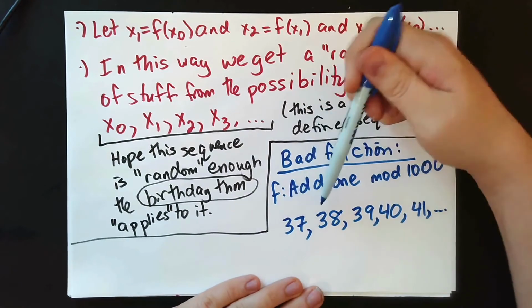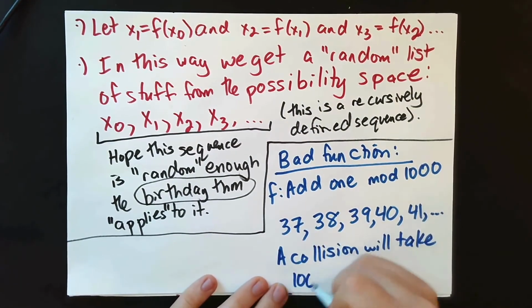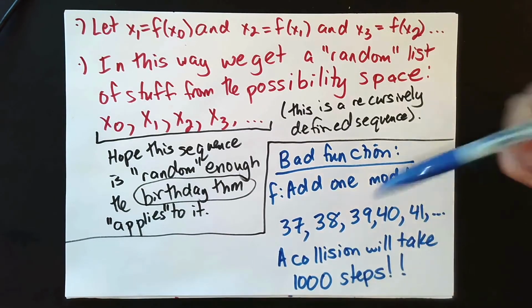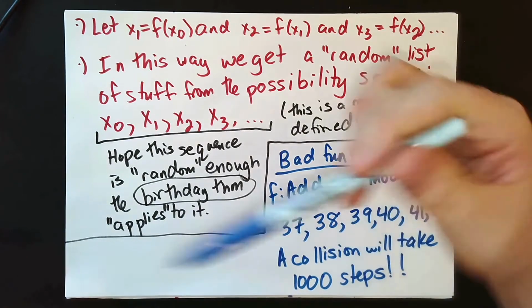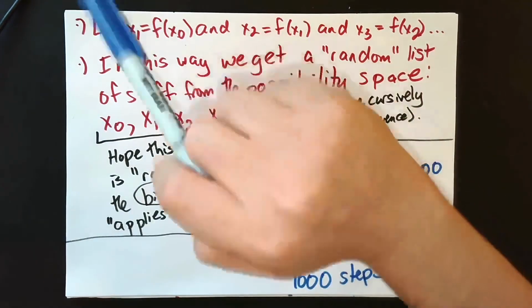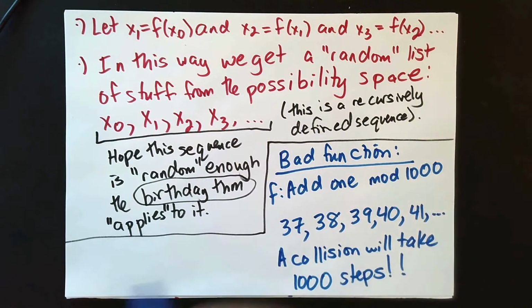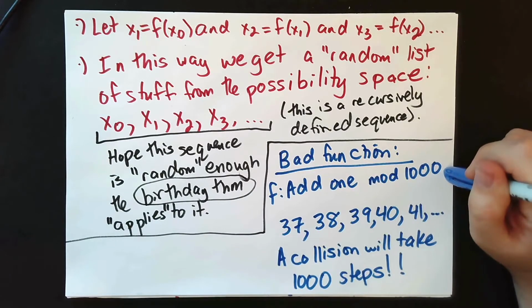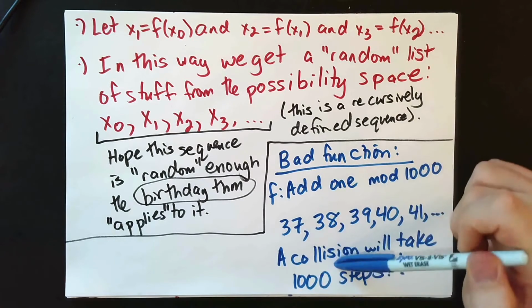Now, almost by definition here, it is going to take 1,000 steps before there's a collision. So if a collision is going to take 1,000 steps, that's nothing like what the birthday theorem promised. The birthday theorem promised it should be like the square root of 1,000, and so I should be expecting, again, something in the neighborhood of 40, and I'm getting 1,000 instead.